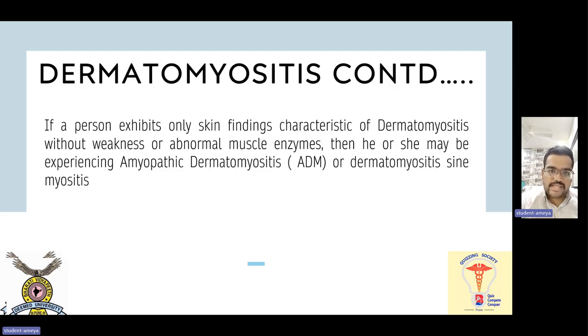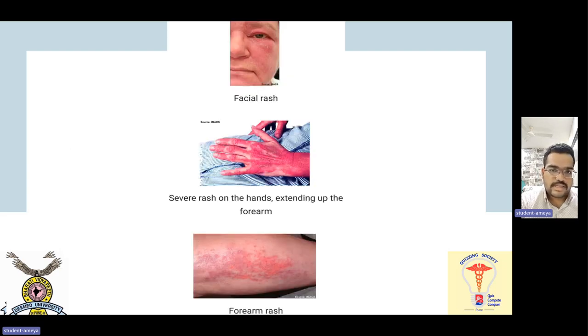So if there are only skin changes but no muscle weakness, it is called amyopathic dermatomyositis, or dermatomyositis sine myositis. So this is ADM, amyopathic dermatomyositis. Facial rash, severe rash on hands which is extending up to the forearm, and a forearm rash.